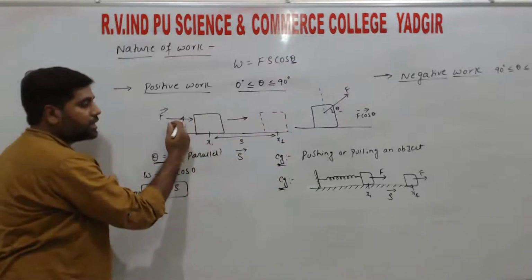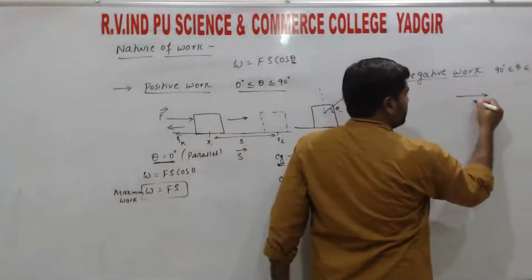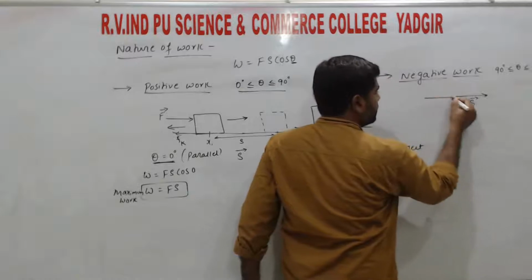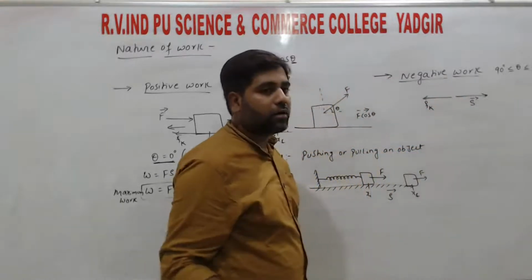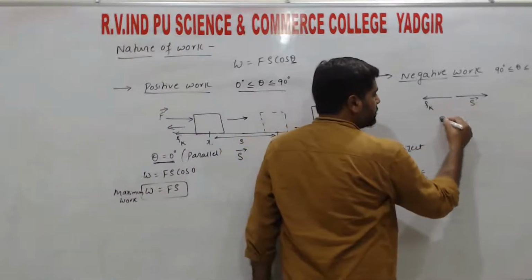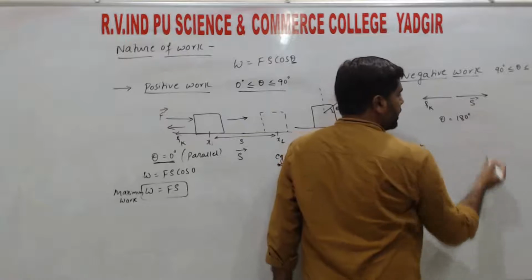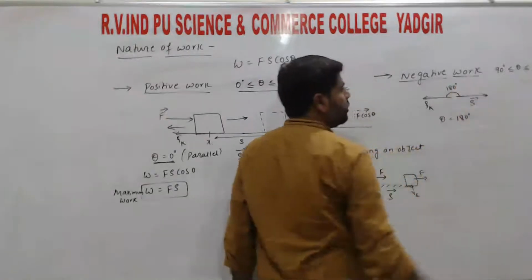That means angle. So this is the displacement x and here is the frictional force Fk, right? These two are anti-parallel vectors. Anti-parallel vectors means angle theta is 180 degree, right? If we measure the angle from here to here, it is 180 degree.